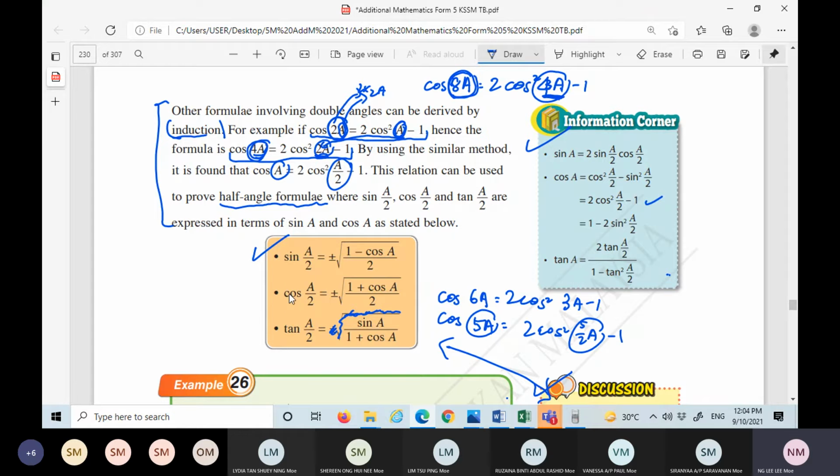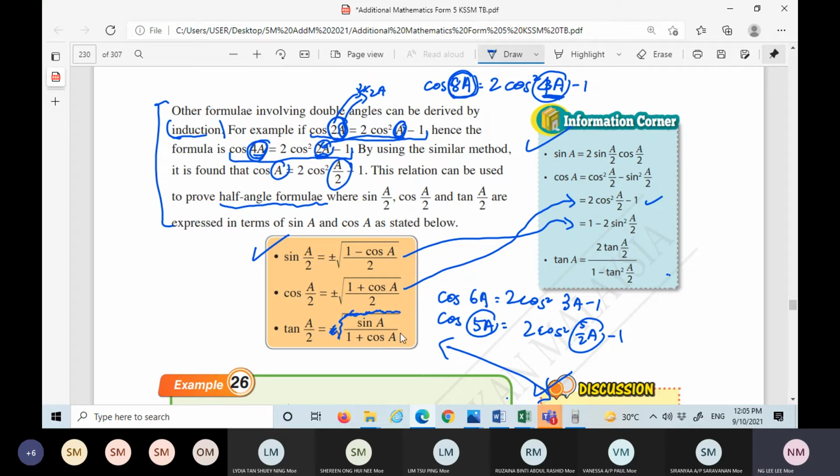How you want to memorize it: this one is related to cos A and sin A over 2. I can tell you where it comes from. You just move terms across. This one comes from this formula, cos A and then cos A over 2. Then move terms across, you will get this. This one is a little bit difficult.